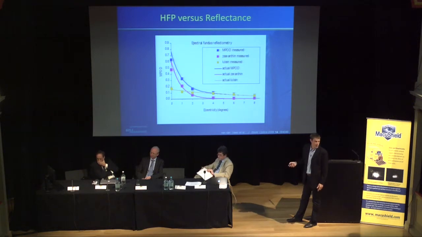So I modeled it assuming a Gaussian distribution for the zeaxanthin and for the lutein, and calculated what underlying distribution would give me the actual data points I did measure.